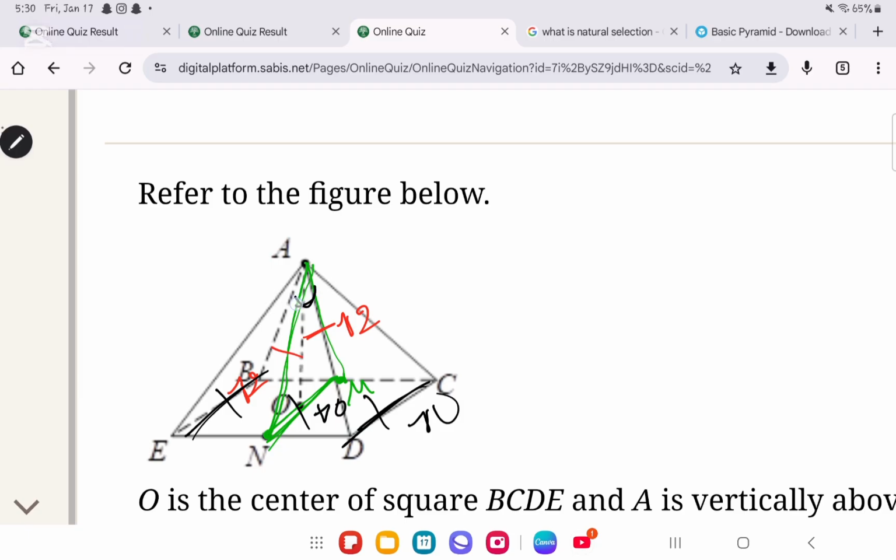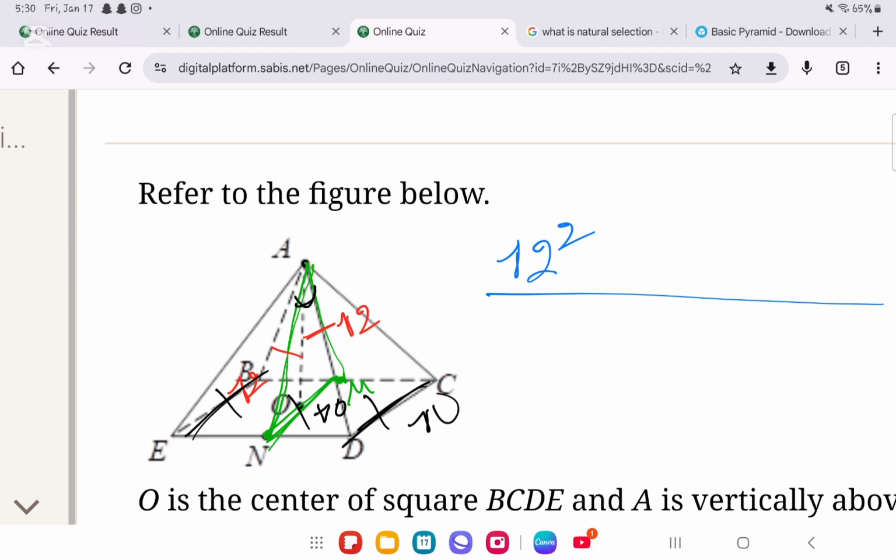Now to find this angle, we are gonna apply the cosine rule. What does the cosine rule state? To find the angle, it is side squared plus side squared minus the opposite side squared, divided by 2 times both of the sides. You will get the cosine of the angle.